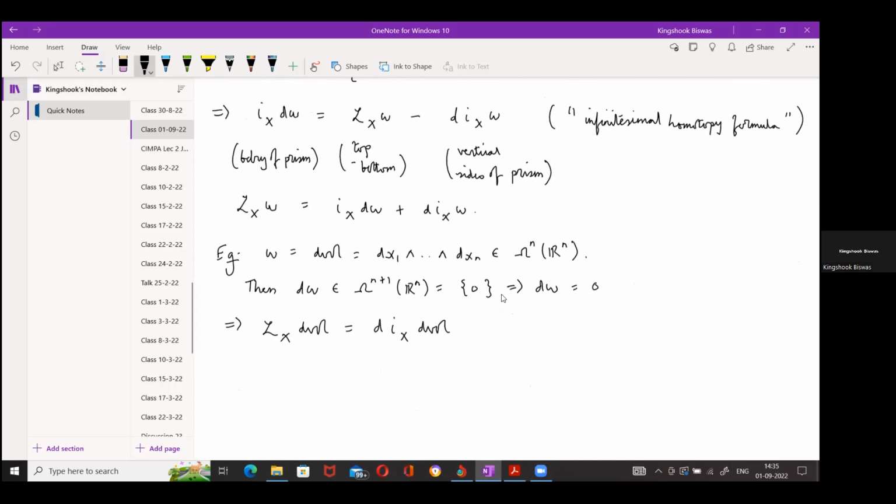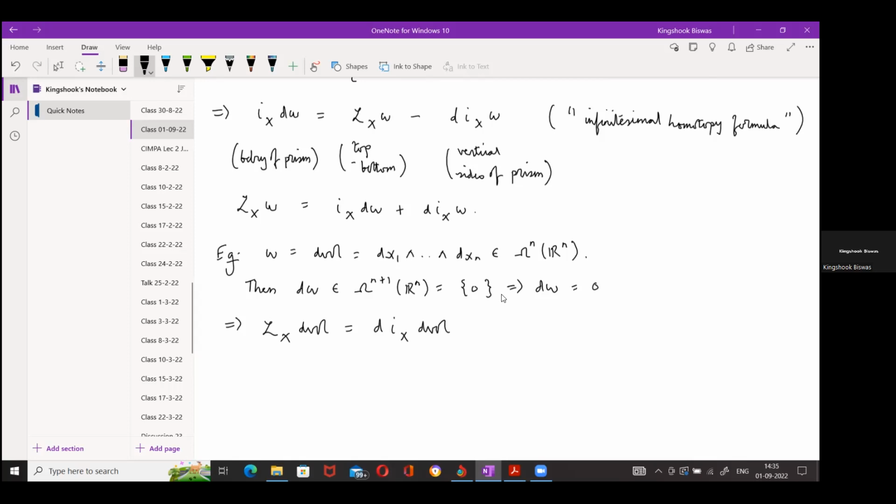We did this in our multivariable calculus course. If you remember, this was one of the exercises I set. I don't know if you remember, Orkojit, Utsav. We did this problem in our multivariable calculus course. All right. So that's about the Lie derivative.